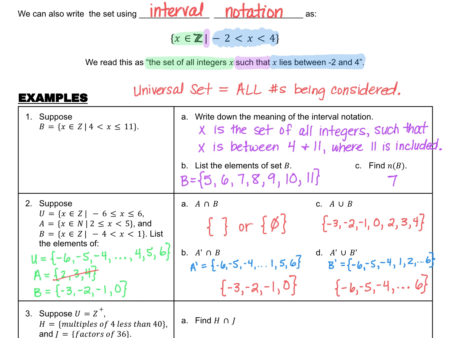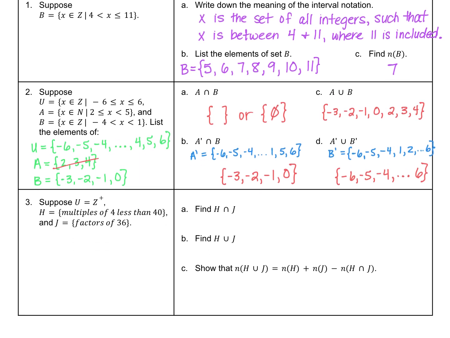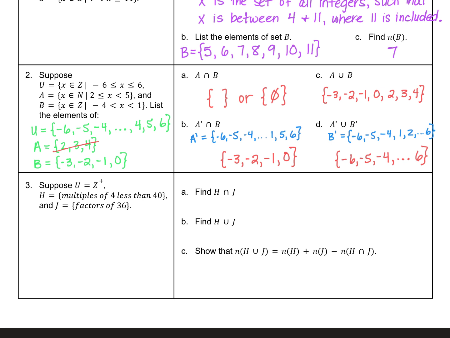All right, so let's look at our last example, number 3. Number 3 states, suppose U is the set of all positive integers. So anytime you see something like Z plus, that means positive integers. If you see N plus, that's the set of all positive natural numbers.